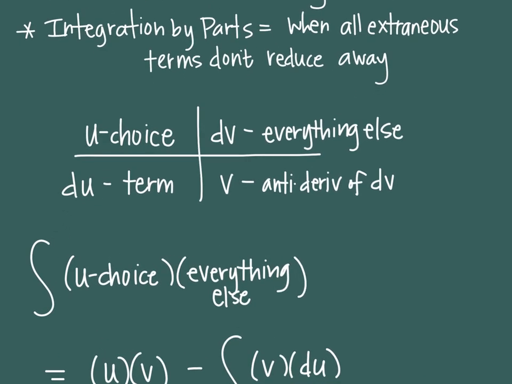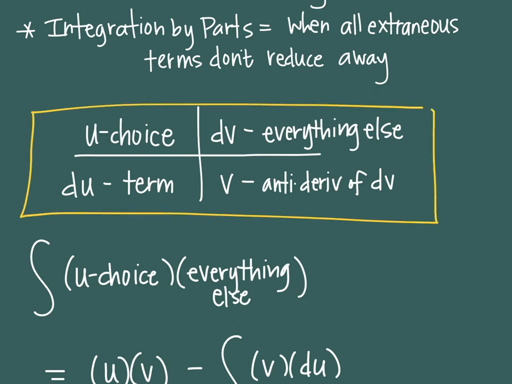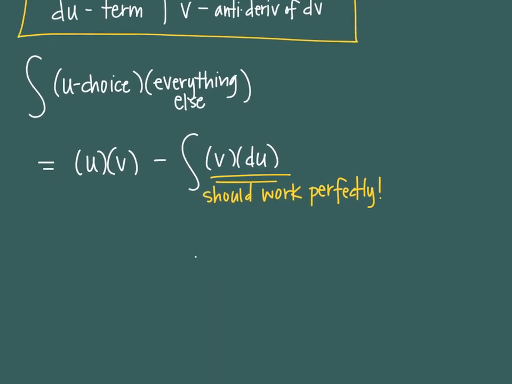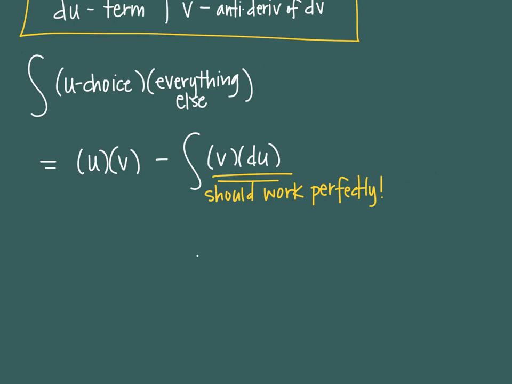So let's practice how this actually works in an actual question. To keep that order in mind: uv minus v and then u prime or du.